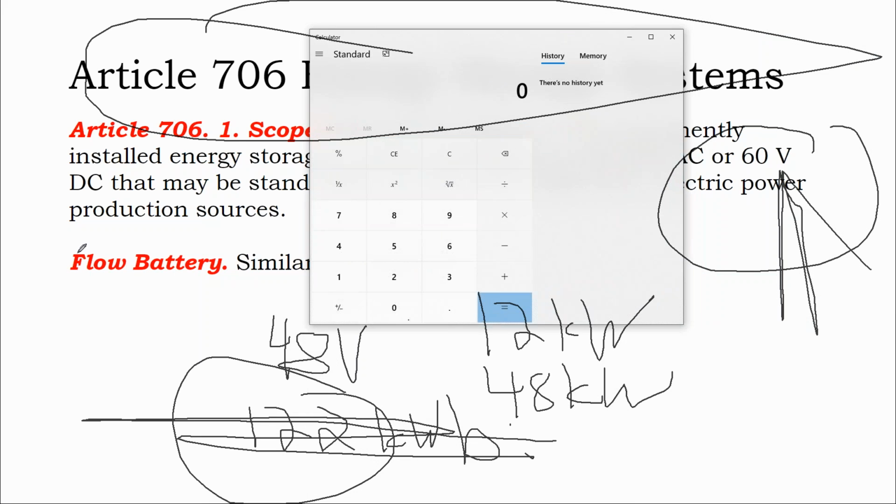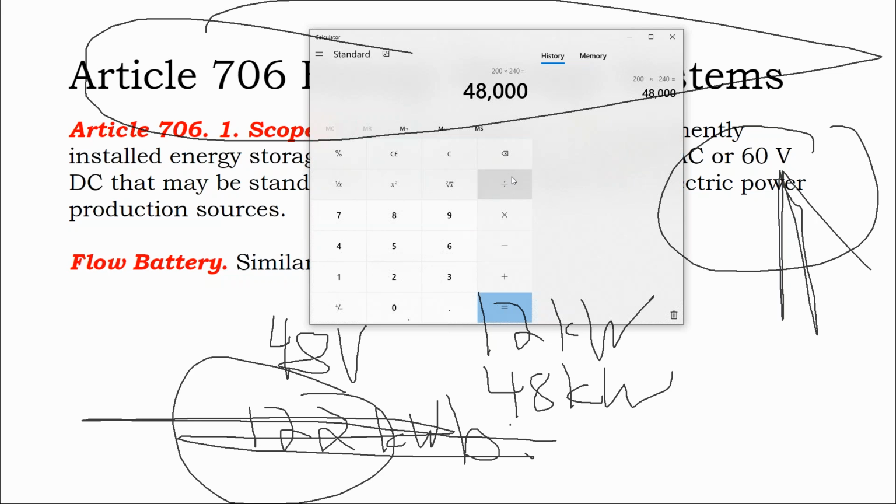Let's say I'm designing a battery system for a whole home, and that whole house is a 200 amp service panel. You have to remember that's 200 amps at 240 volts, and a volt times an amp is a watt. So your home service panel is 48 kilowatts.